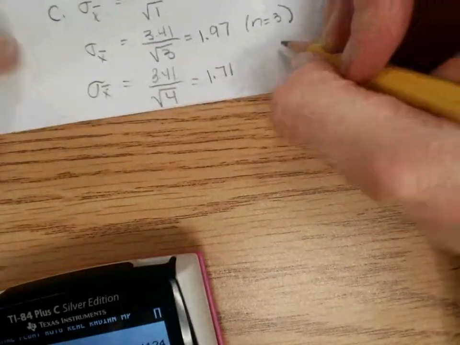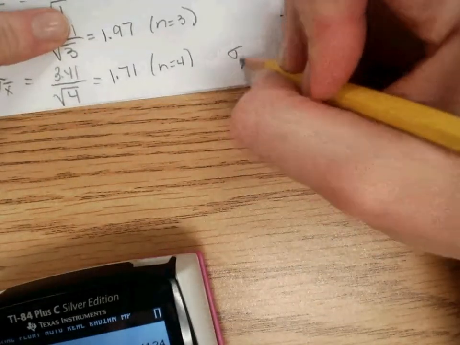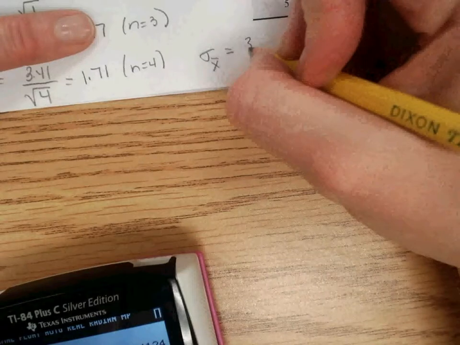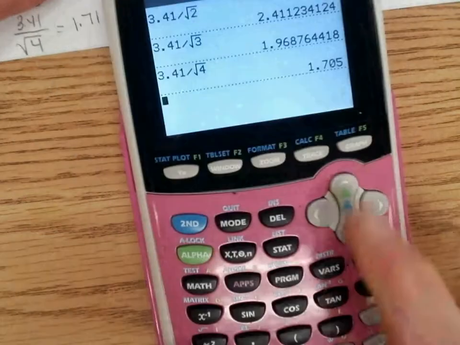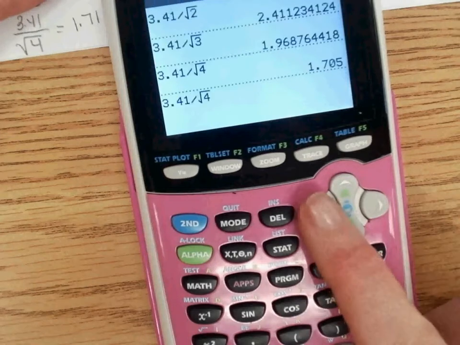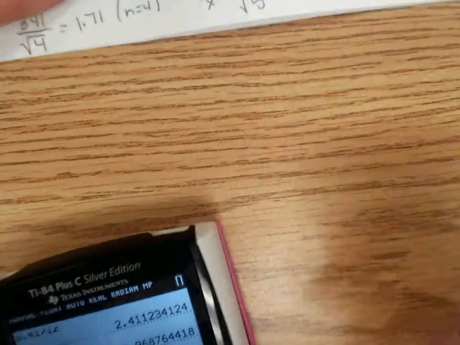And finally, for n equals 5, we have 3.41 divided by radical 5, or 1.52.